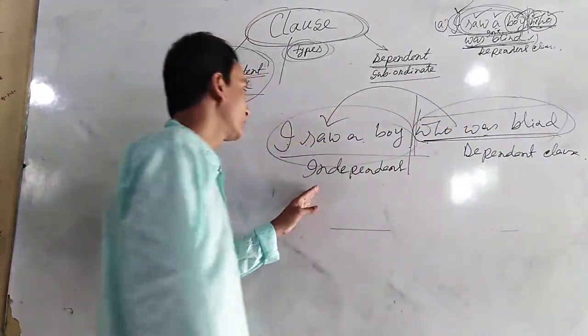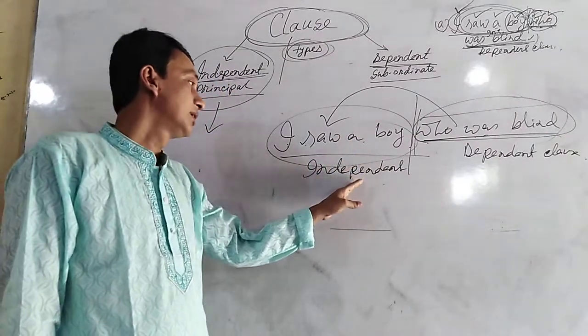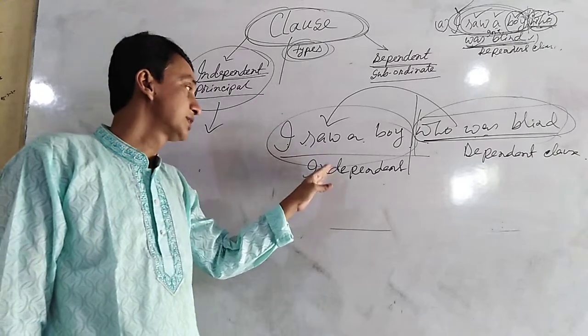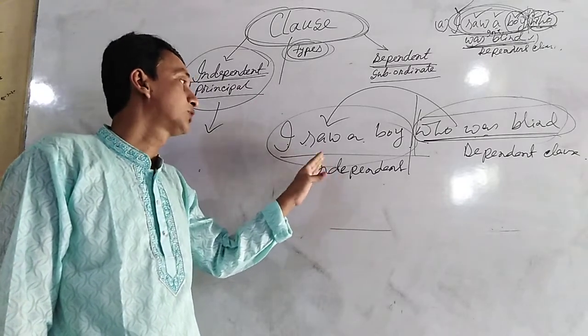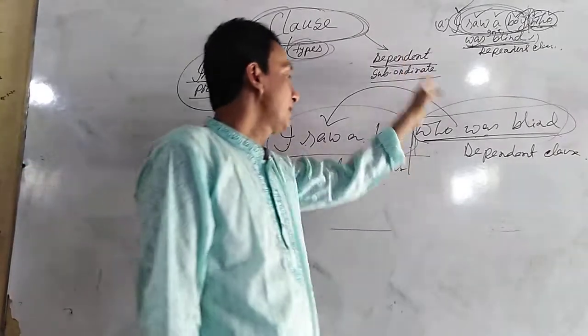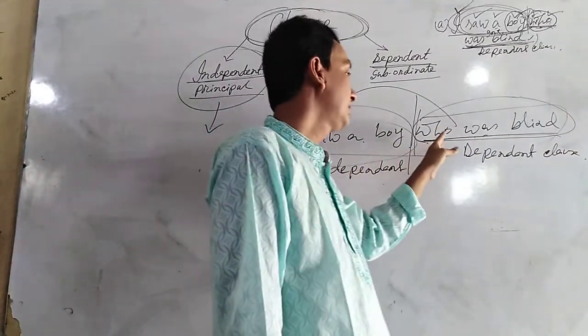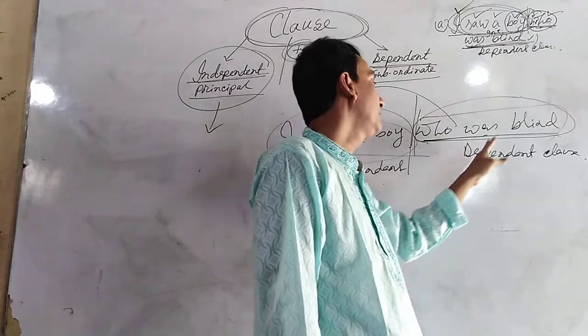Then we have understood independent clause means a free clause, a principal clause or main clause, because this can express a complete thought by itself. Dependent clause is dependent on the principal clause because it itself cannot express a complete thought.